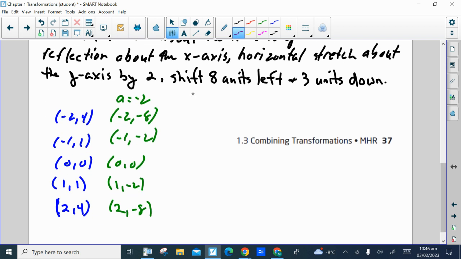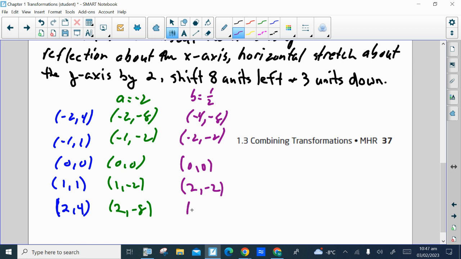A b value of a half means a horizontal stretch by 2. So all the x values now get multiplied by 2. And then finally, we have an h value of -8 and a k value of -3.